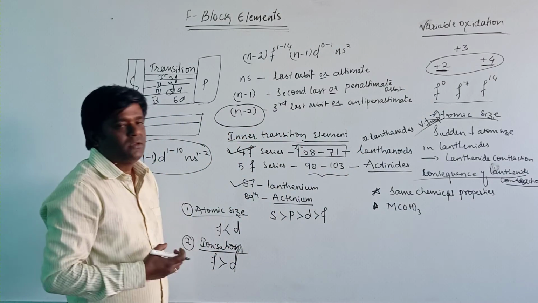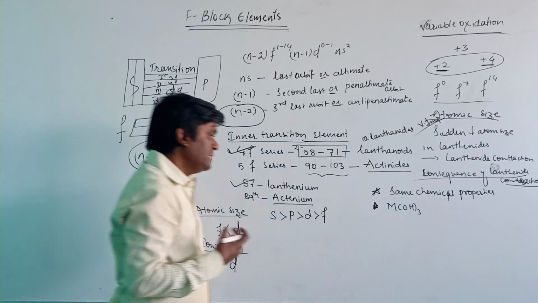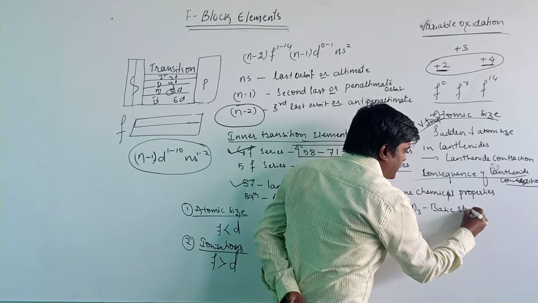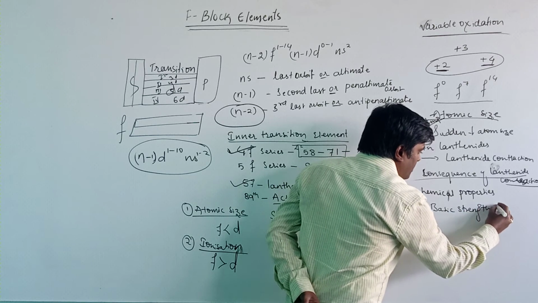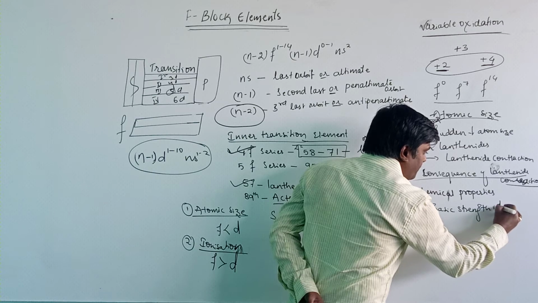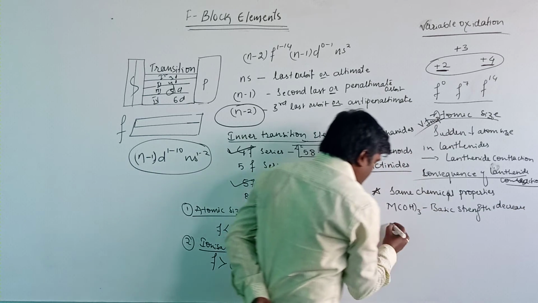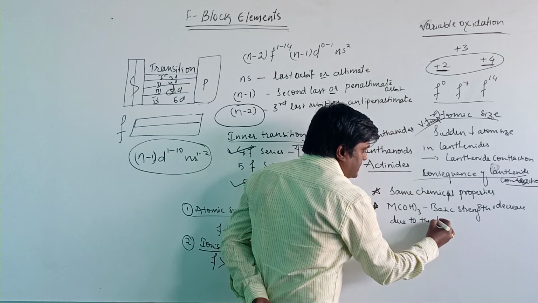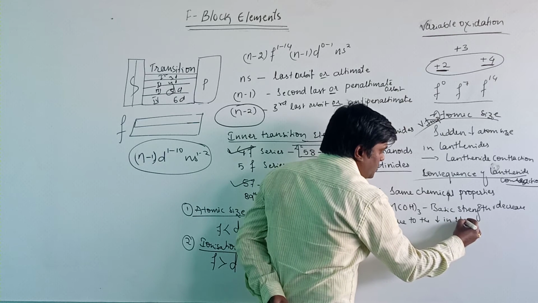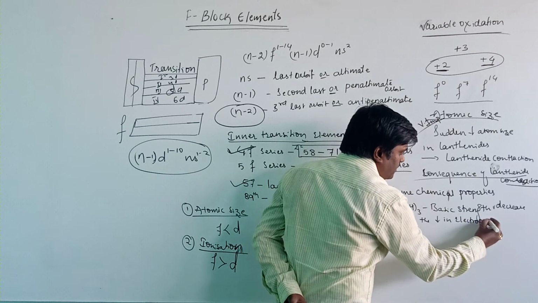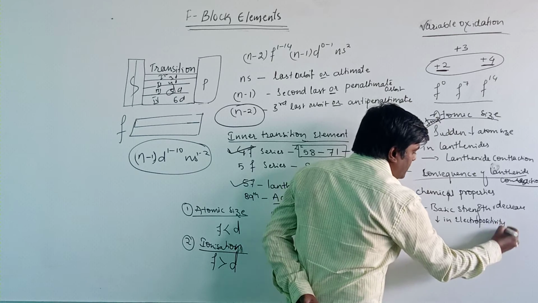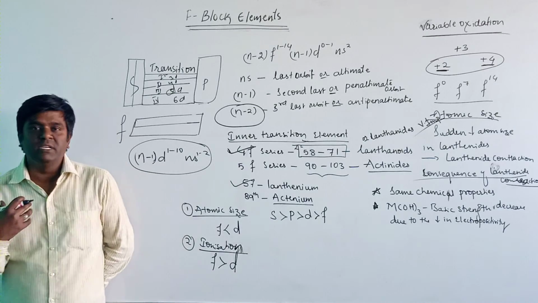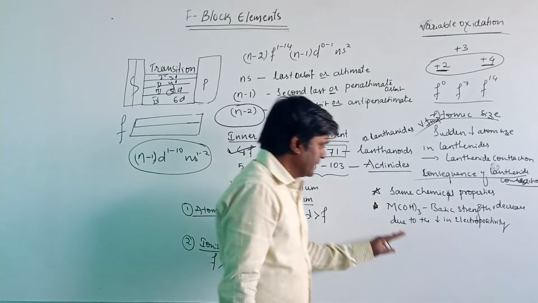The basic strength decreases from left to right due to the decrease in electropositivity, that is, electronegativity increases because the size decreases.